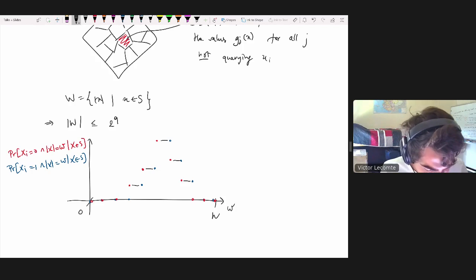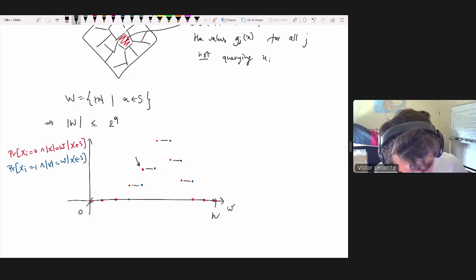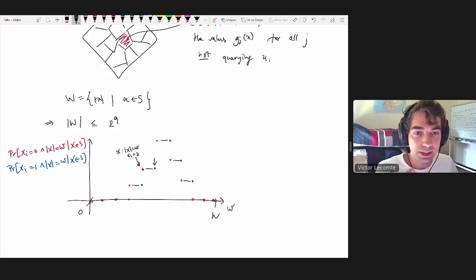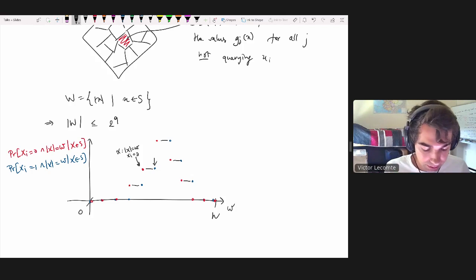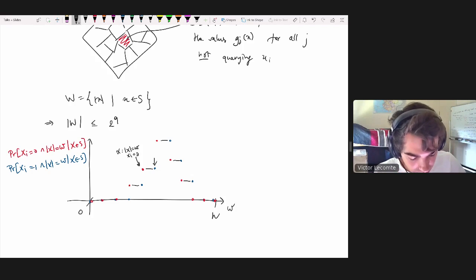Why is this the case? If you look at the x's that have weight W and xi equals 0, there's an exact pairing with the x's that have weight W plus 1 and xi equals 1.